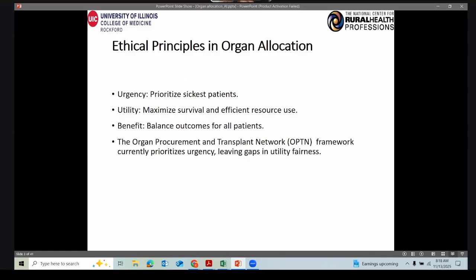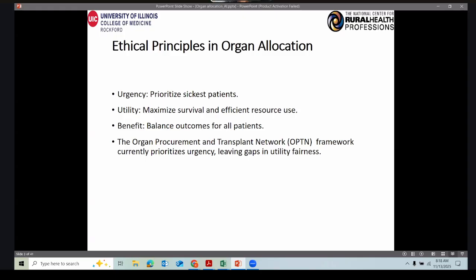First, urgency means that we try to prioritize the sickest patients first, which means the ones who are at high risk of dying if they don't receive a transplant soon. This is why the MELD score was developed to provide an objective measure of how urgently a patient needs a new liver. We will talk about the MELD in upcoming slides.